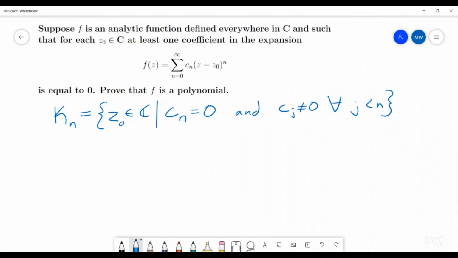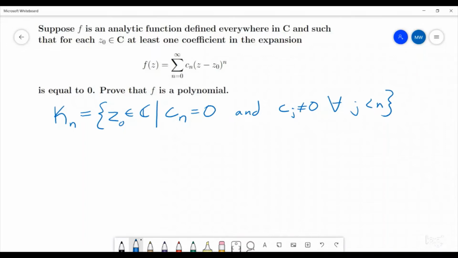So why are we defining it this way? This is the set of points where, in our power series representation of our function at that point, c sub n is the first time that there's going to be a 0 in the expansion.